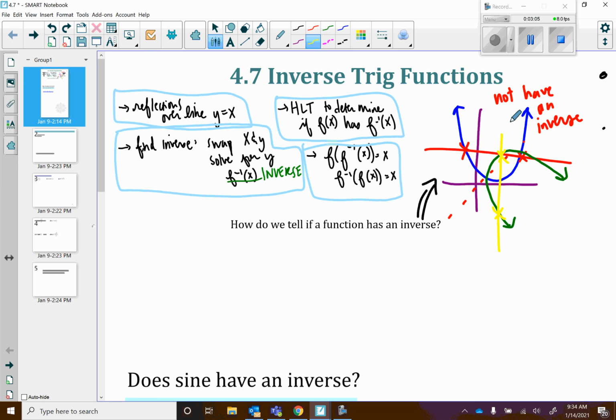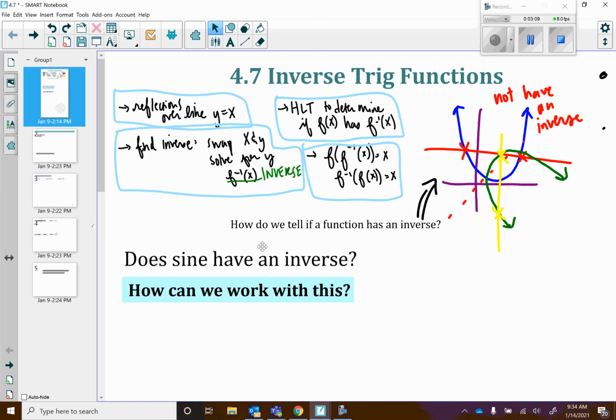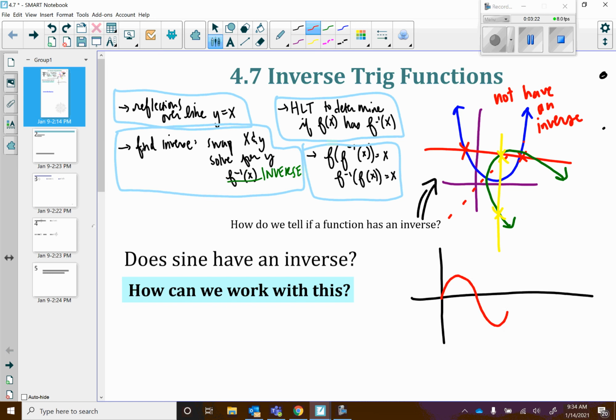So now the question we have to ask is, does sine have an inverse function? If we consider the graph of sine, which I know looks like this, does this function have an inverse?